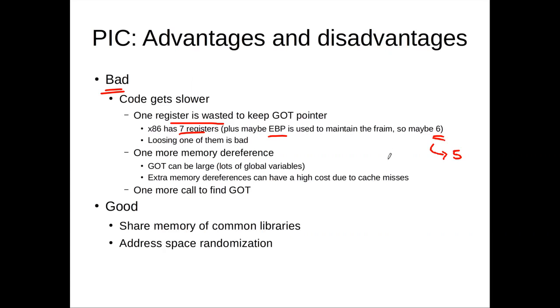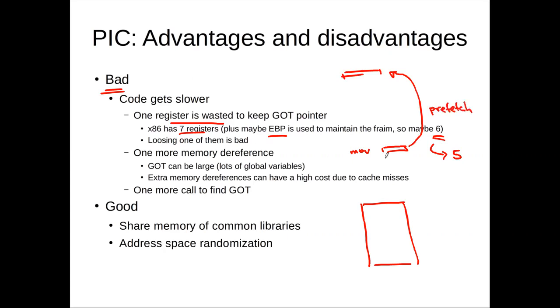On 64-bit machines, it's not much of a pressure though. And we do a couple more memory dereferences. Instead of a move that accesses some memory directly, which the CPU can maybe prefetch because it can guess that I'm accessing it, now you have to first go here, access this line, and then go here and access the real variable.